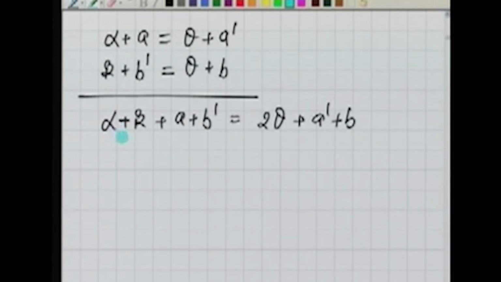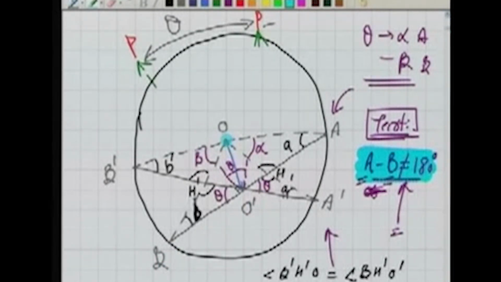Now after this, if you go back to the figure, O is the center of the graduated circle. Now let us look at the triangle O, B dash and A dash here, and you join this because this is a straight line.